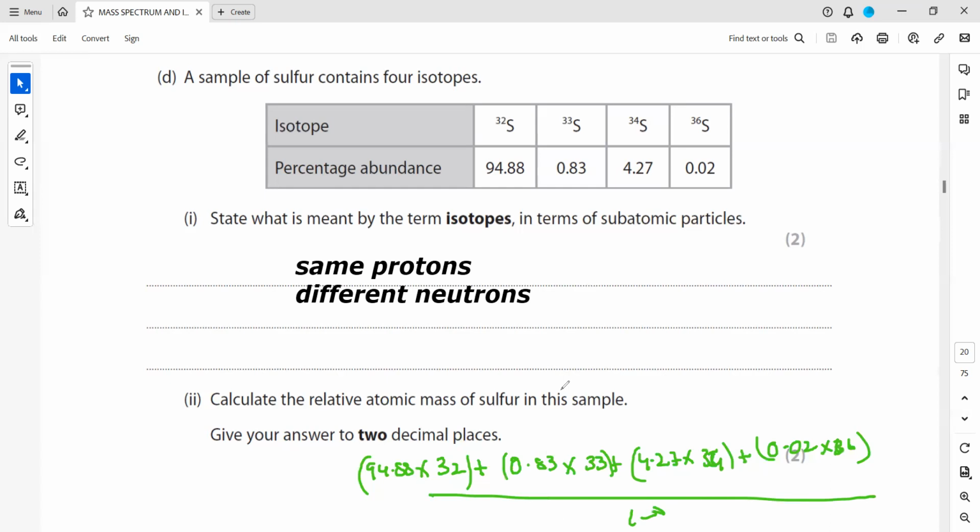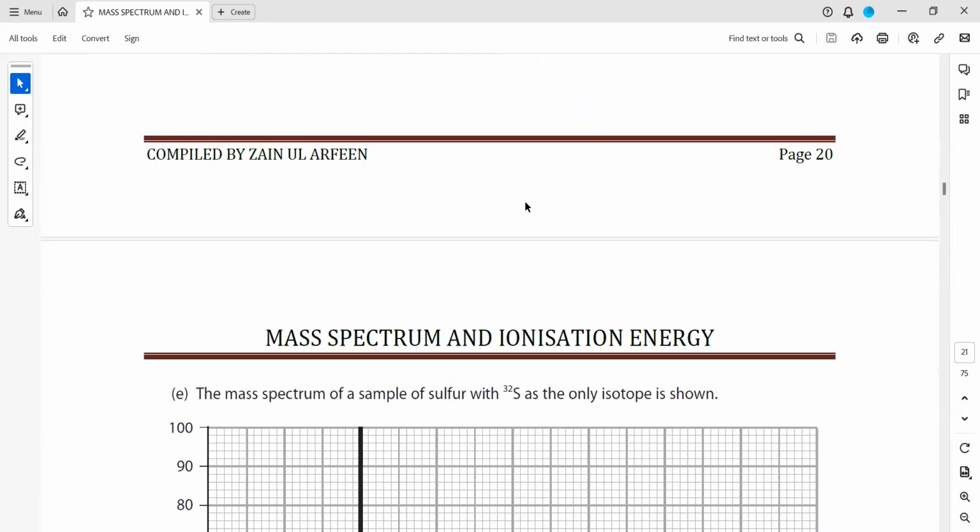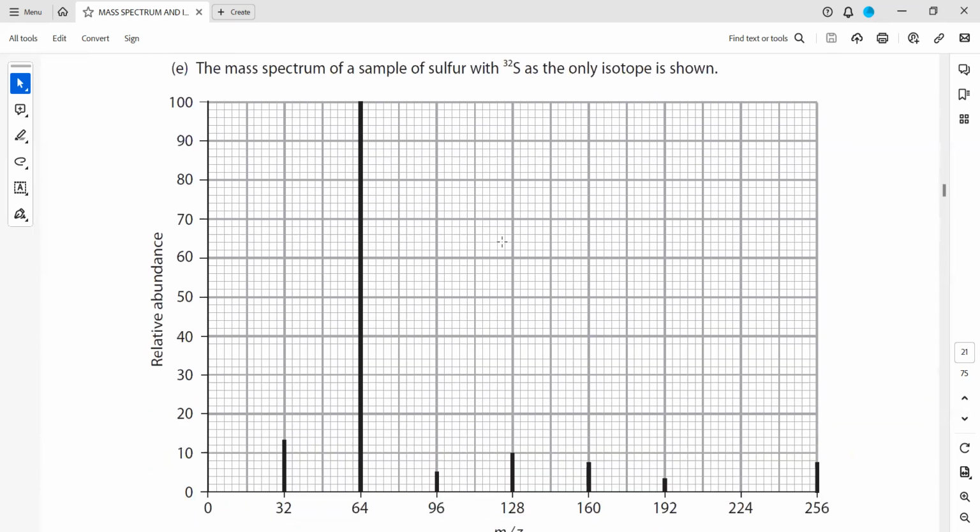That will give us the average mass. You just calculate and get the average mass of these isotopes. If fractions are given, we divide by the sum of the fractions.